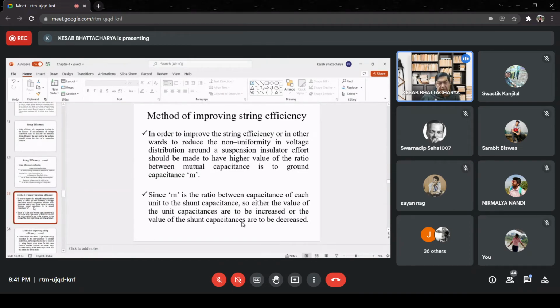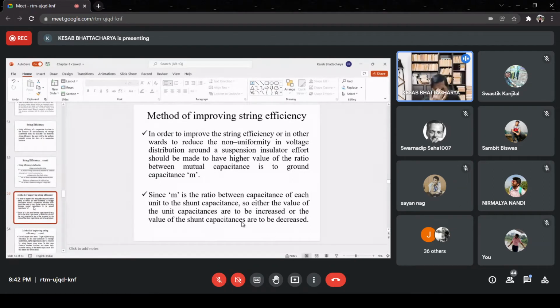In the absence of shunt capacitances, the entire current that enters from the lowermost disk has to flow through all other disks. But it is not really so because of the existence of shunt capacitances. Due to their presence, some current always flows to ground from the link pins, that is the nodes, through the shunt capacitances.